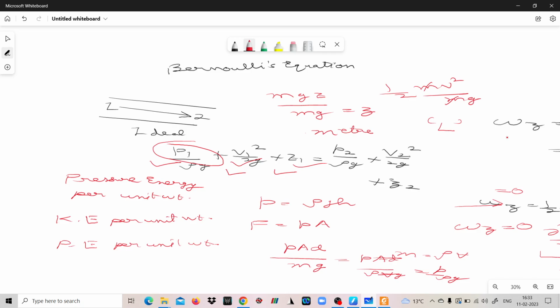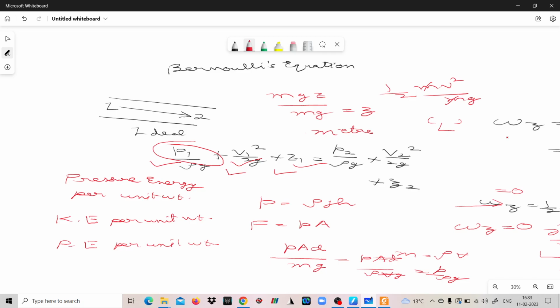They may ask what this thing represents. Simply by looking at the unit, you can give the answer as length, but mind it, it does not represent length. It represents energy per unit weight, whose unit is the same as the unit of length. That is the only similarity. Otherwise, it does not signify length.